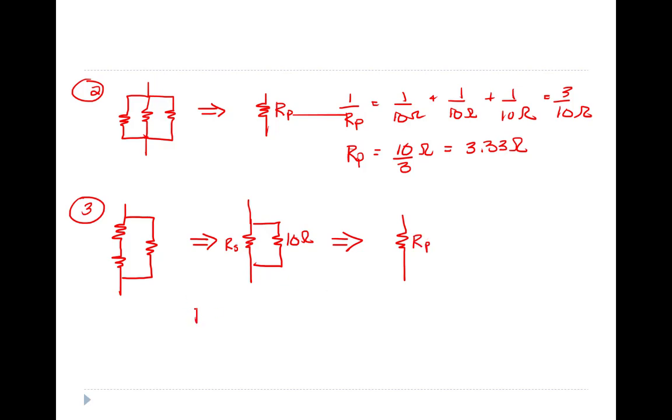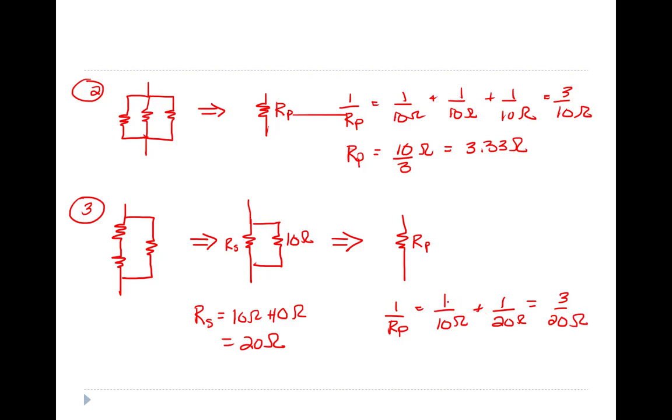So beginning with my calculation by calculating the series resistance, that's going to be 10 ohms plus 10 ohms, that's 20 ohms. And now 1 over R parallel will be 1 over 10 ohms, that's this guy, plus 1 over our series resistance, which is 20 ohms, which is 3 over 20 ohms.